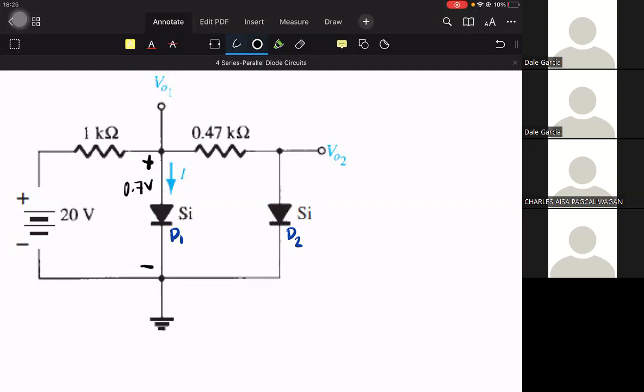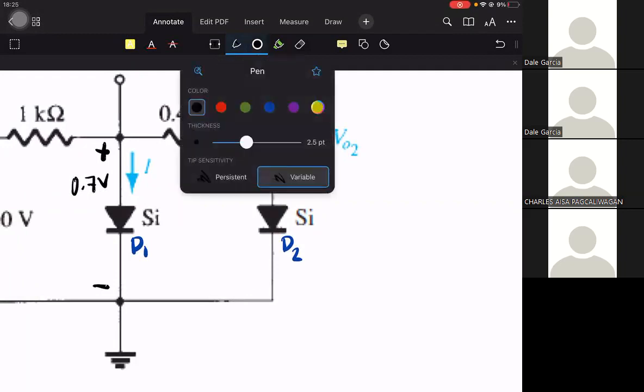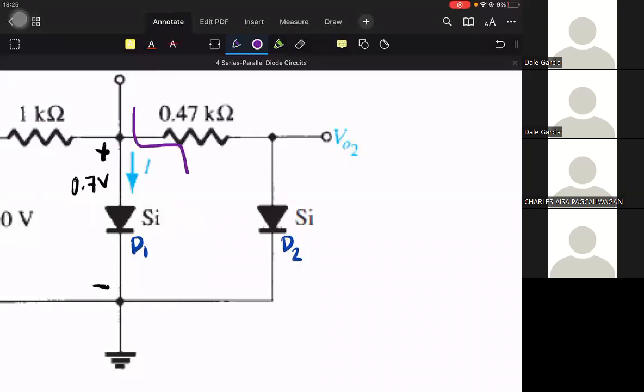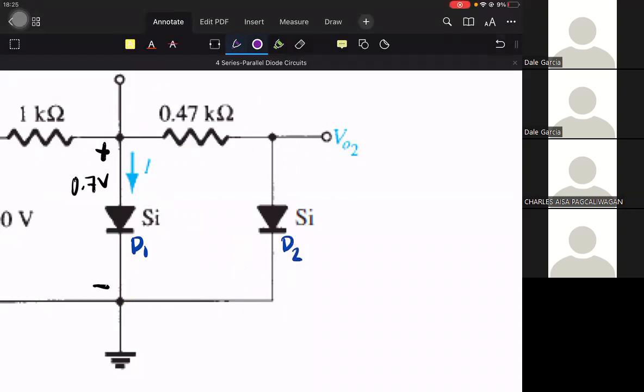And notice that this portion of the circuit, this one, would get its voltage from this part. That is what it sees as its source. So do you think the 0.7 voltage drop of diode 1 is enough to turn on diode 2, which also requires 0.7?